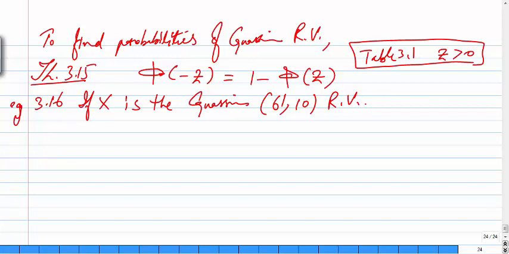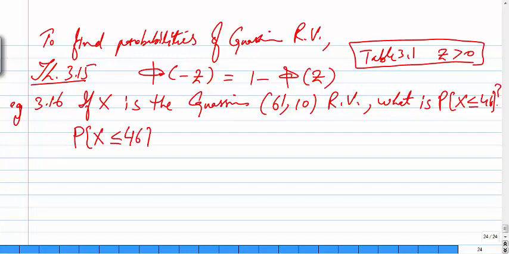So the question is, what is the probability that x is less than or equal to 46? Now if we apply theorem 3.14 and 3.15, we can say that the probability of x less than or equal to 46 is equal to F of x at 46. Okay, so this is the basic definition of CDF.